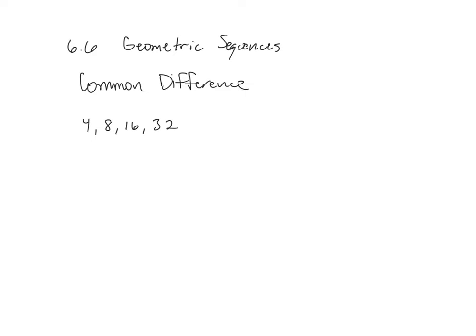You know what, let me back up. Geometric sequences are multiplying and dividing. So when it says here, find the common difference, we don't want to look at, okay, plus 4. We don't want to look at adding and subtracting. Okay, times 2, times 2, times 2. So the common difference is times 2.